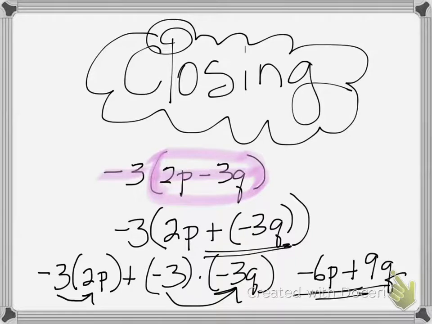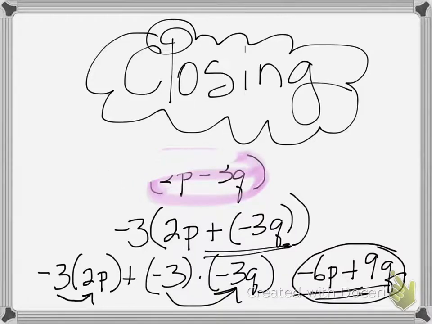Writing sums as products is the opposite of writing products as sums. So when we have writing sums as products, instead of distributing and multiplying, the product is being factored out. In this case, we wrote our product as a sum, and we've expanded it.